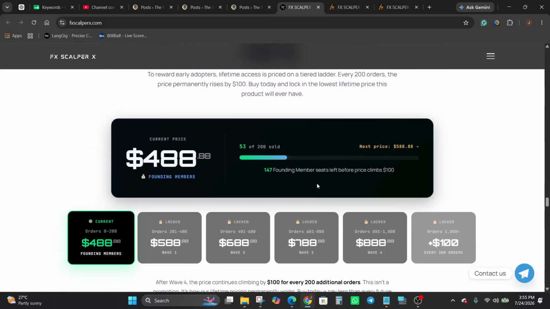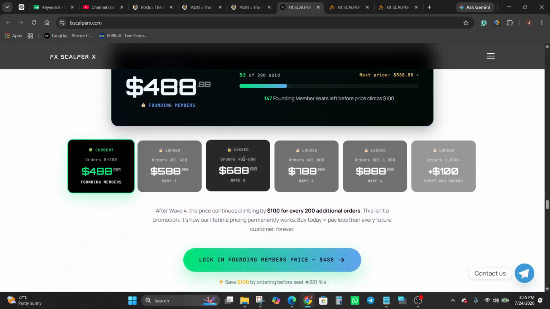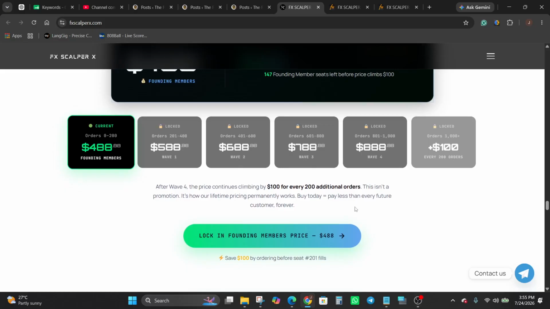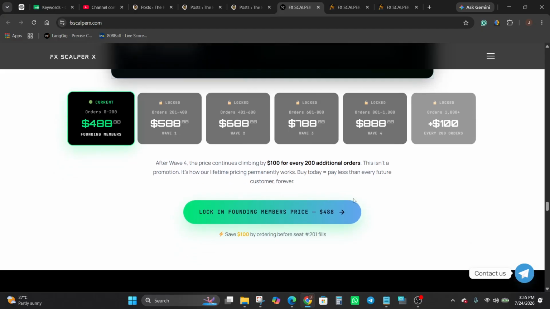On pricing, lifetime access to both FX Scalper X and FX Scalper 4X is listed at $488.88 one time. The site uses a tiered pricing structure where the price is set to rise by $100 every 200 orders. At the time of writing, they list 53 of 200 founding member spots as sold.